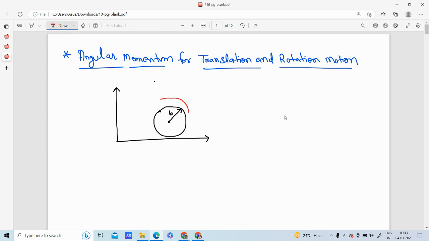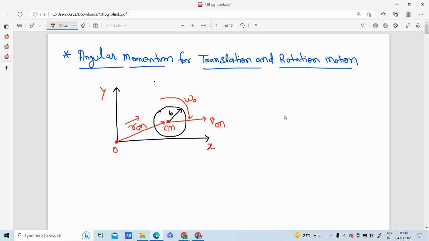This is rotating with some omega naught angular frequency or angular speed, and also the center of mass of this wheel has velocity vcm, and the position of the center of mass from the origin is rcm.